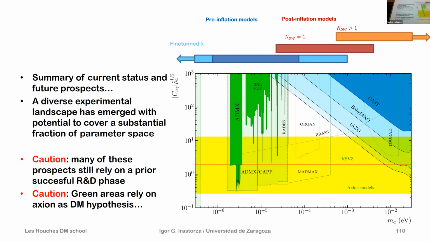So there's a lot of R&D still to be done to get them realized. Some others are more realistic, like certainly ADMX. We believe it is capable of exploring all these boxes indicated by the projections in the next year. Other predictions are probably less clear.